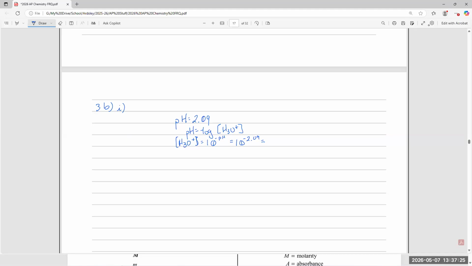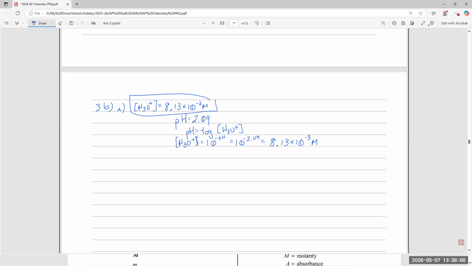That gives me a value of 3 sig figs, so it would be 8.13 times 10 to the negative 3 molar. Okay, so that would be the answer. So I would copy that right up here, H3O plus is equal to 8.13 times 10 to the minus 3 molar. All that, and let's move on.